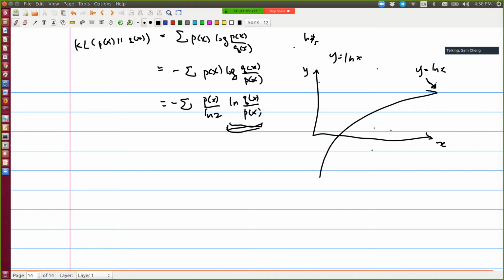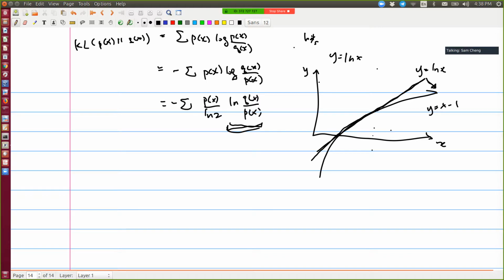Now let's consider also the straight line y equal to x minus 1. I'll claim that the straight line is above this curve. Let's see, where should it hit?